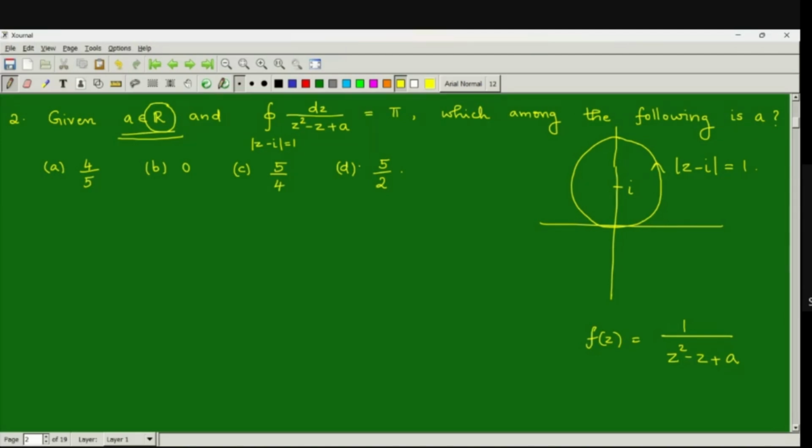And also be quick. Time management is a very important problem in complex analysis. Once you finish, please let me know.